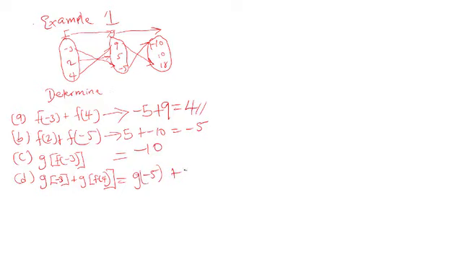So we look for g of 9. At this point, our g of minus 5 will now be minus 10, and our g of 9 is 18. Minus 10 plus 18 is equal to 8. So this is the solution to what we have right in front of us.